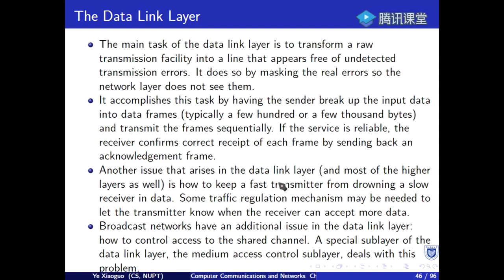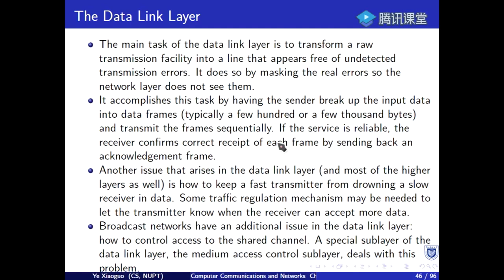It does so by masking the real errors, so the network layer does not see them. So the main task of the data link layer is to transform a raw transmission facility into a link that appears free of undetected transmission errors.